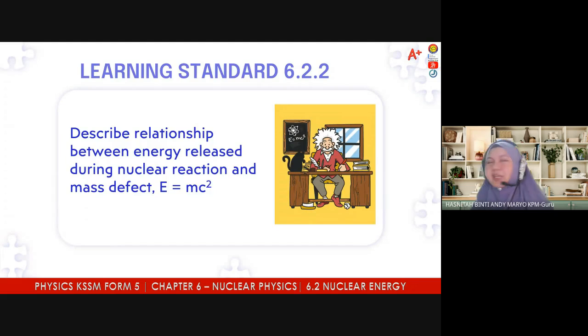Which one is nuclear fission? Which one is nuclear fusion? 1A, fission or fusion? And 1B, nuclear fusion or fission? Which one?